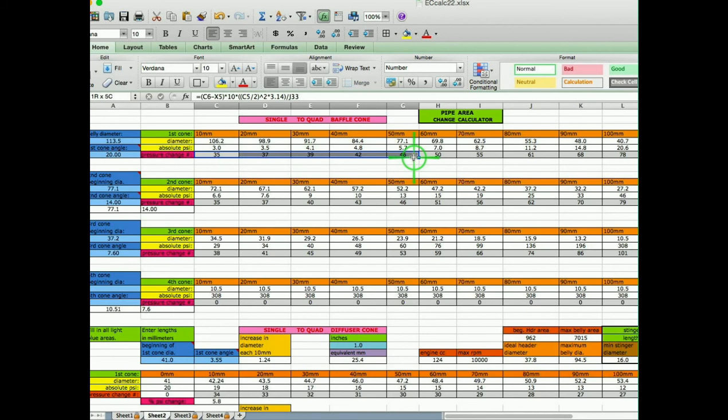And this went up to, what did I say, 50, yeah. So these are the numbers that I input on sheet 3.